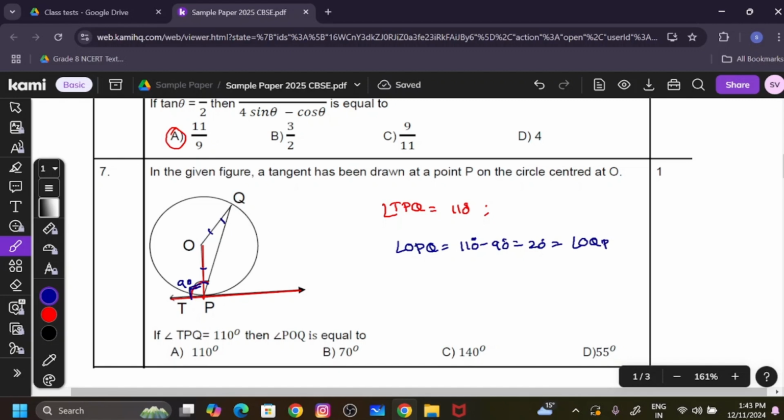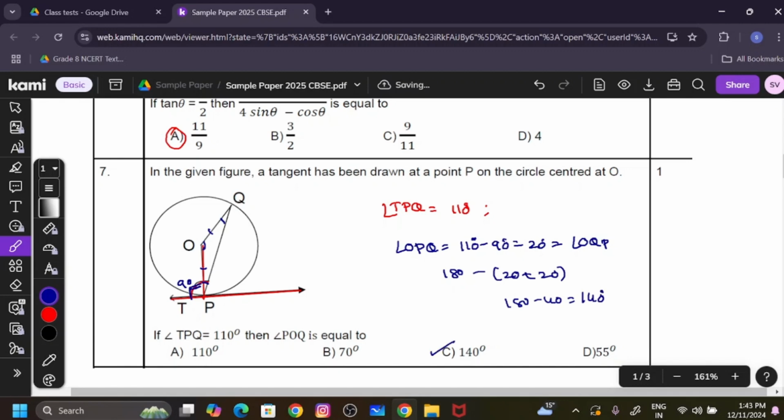Then the remaining angle which we have to find is angle POQ. So apply the angle sum property of the triangle: 180 minus the sum of the remaining two angles, 180 minus 40, which gives us 140 degrees. So our answer is option C.